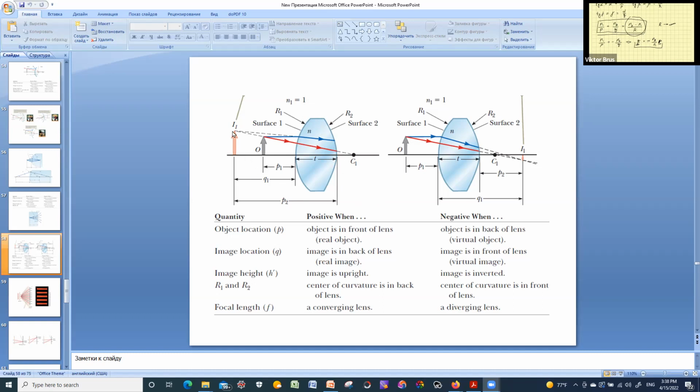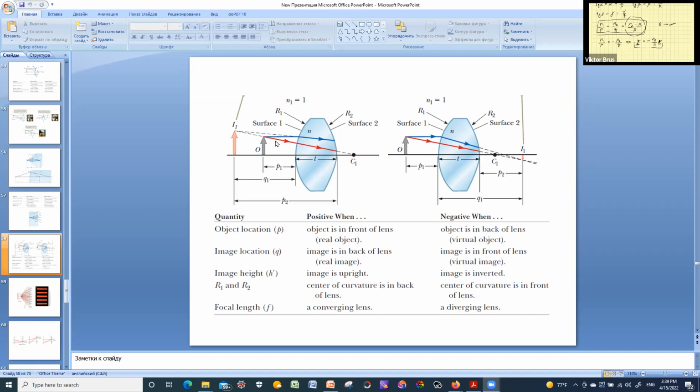For instance, you can see in this example we have two rays. One goes perpendicular to the first surface, and the second one goes parallel to the principal axis, which goes through the center of this lens. The first one just goes straight and is not refracted because the incident angle is equal to 0. The other is refracted.